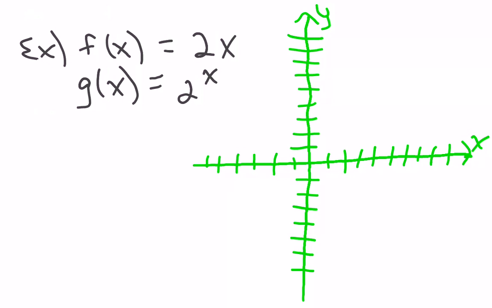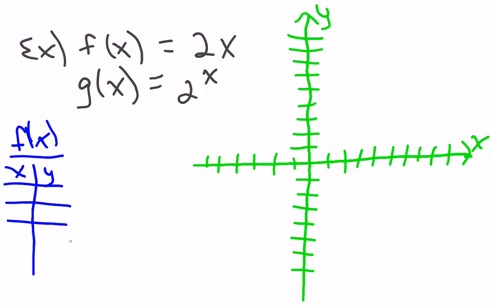Well, we can create a table of values for them. So if we are looking at f of x, plugging in numbers for x and getting out values of y. It doesn't matter what we pick, let's just pick some numbers. So I'm going to pick negative 1, 0, and 1 and plug those in.